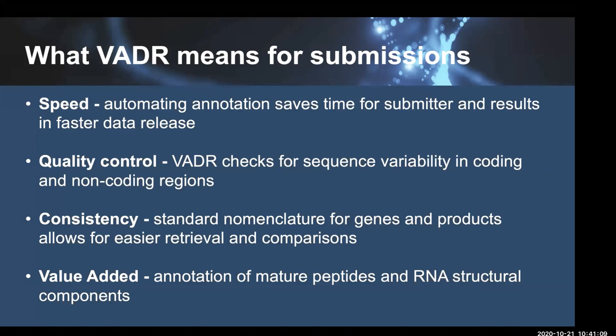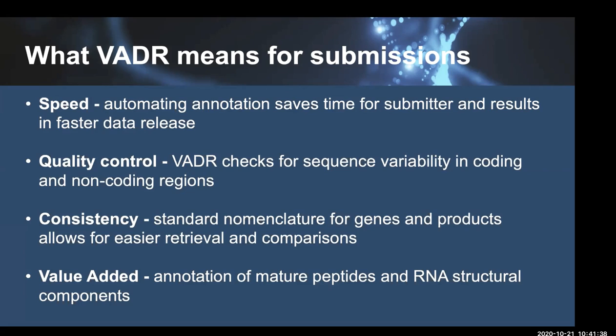The quality control aspect: VADR checks the sequence in both the coding and non-coding regions. And if you've looked at a lot of DNA analysis, you know sometimes catching anomalies in non-coding regions is harder to do. The consistency: providing the standard nomenclature for both the genes and the products is actually an extremely important asset for data retrieval and doing comparison studies.